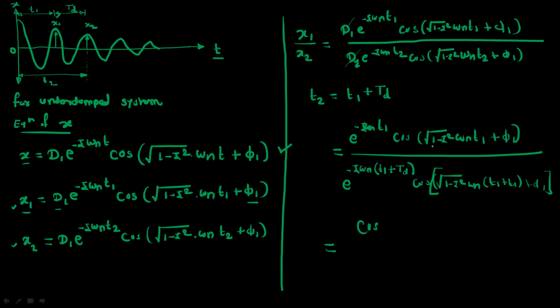So I will write this square root 1 minus zeta square omega n as omega d, that is the damped frequency. So this is cos omega d t1 plus phi 1 upon e raised to minus zeta omega n td.